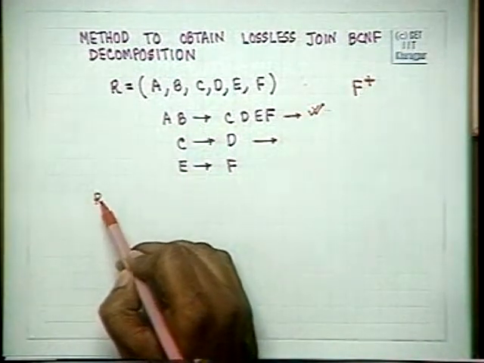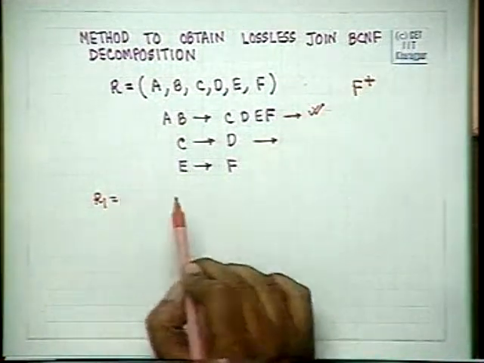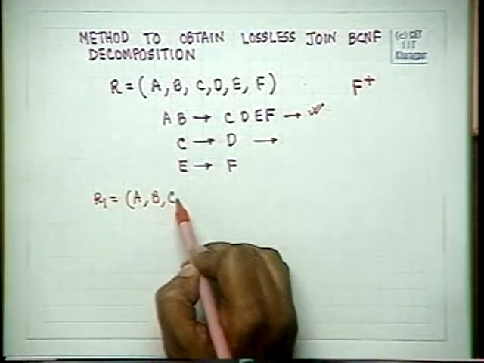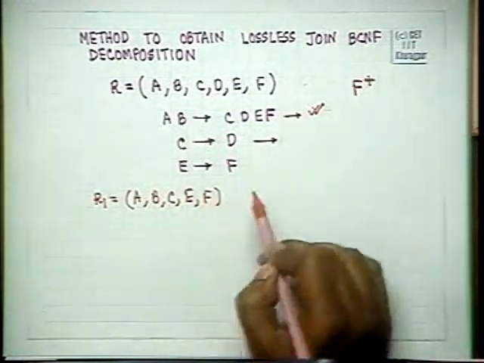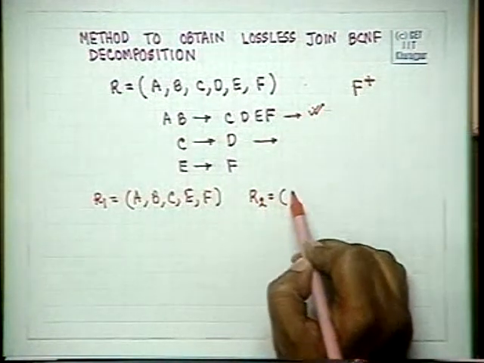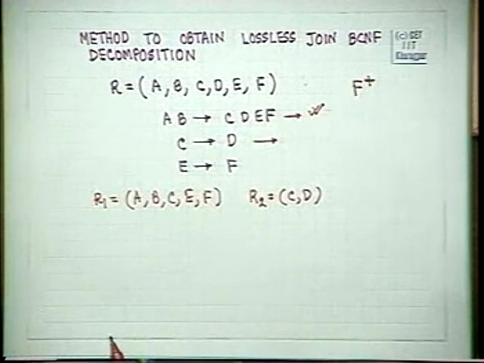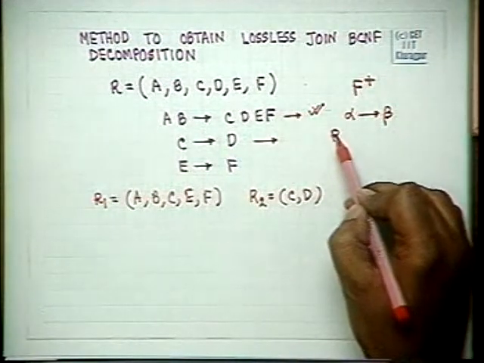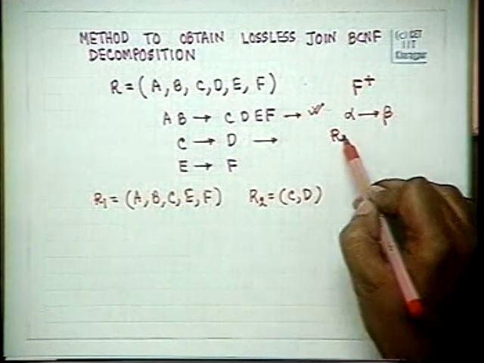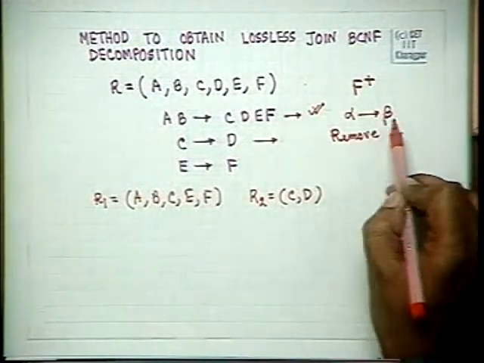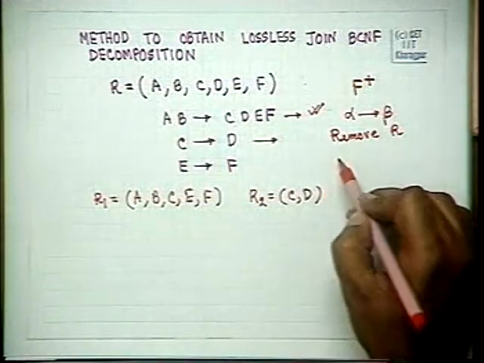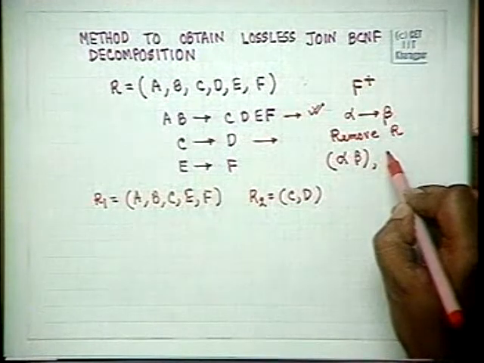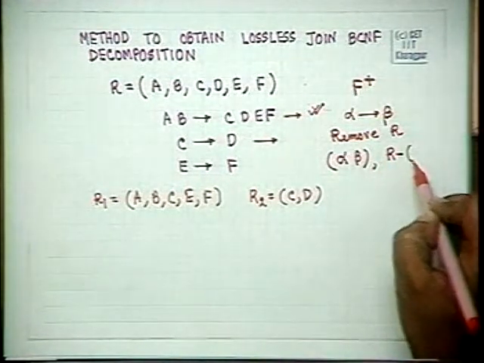The first will be R1, which will contain everything except this part, A, B, C, E, F, and R2, which will contain C and D. In general, if we have alpha to beta on R, and suppose alpha to beta does not satisfy the BCNF form, we will remove R, we will include a relation scheme alpha beta, and we will include another relation scheme R minus beta.